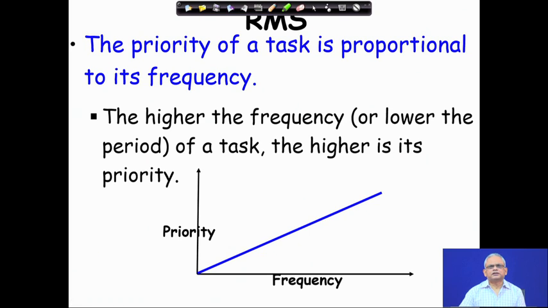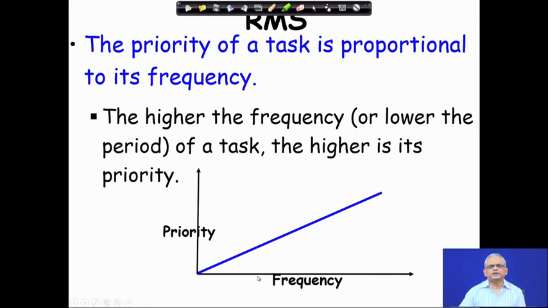If a task's period is 2 milliseconds, it should definitely have higher priority compared to a task whose period is 10 milliseconds. So, the higher the frequency or the lower the period of a task, the higher should be its priority. That is the basic premise, or the basic algorithm, for this scheduler.